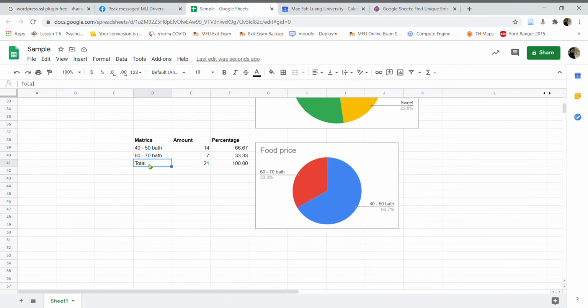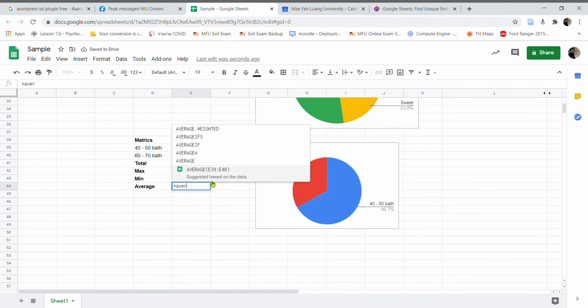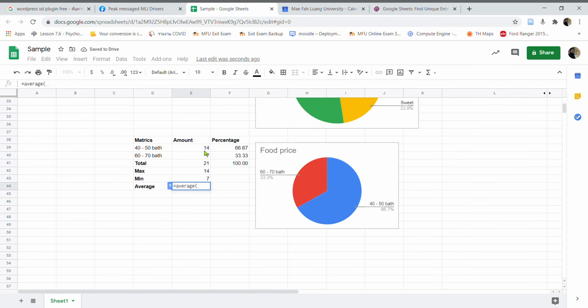You can also find max, min, average over here. For example, to find max over here, this range, only 2. And then equal to MIN, and these 2. Enter. Equal to AVERAGE, and these 2.